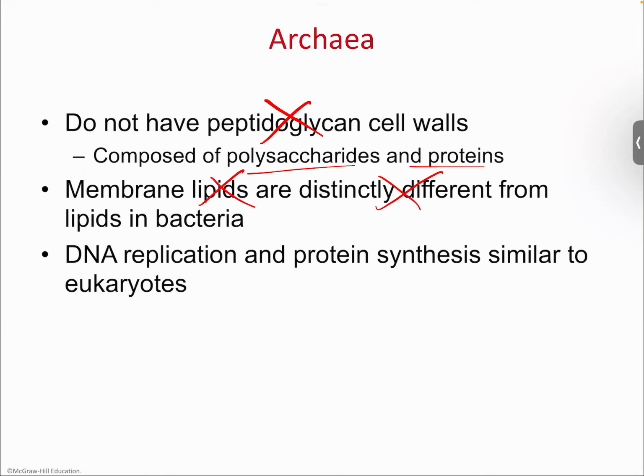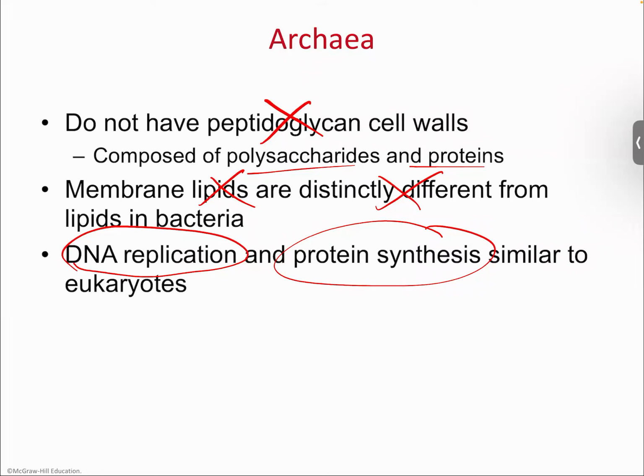But really the kicker is in the processes that they have. So for instance, when we started studying DNA replication and protein synthesis, both processes that we'll be studying toward the end of the semester, what we saw in archaea was something that is distinctly prokaryotic, right? No nucleus, no organelles, a cell wall that's not a eukaryotic cell wall.